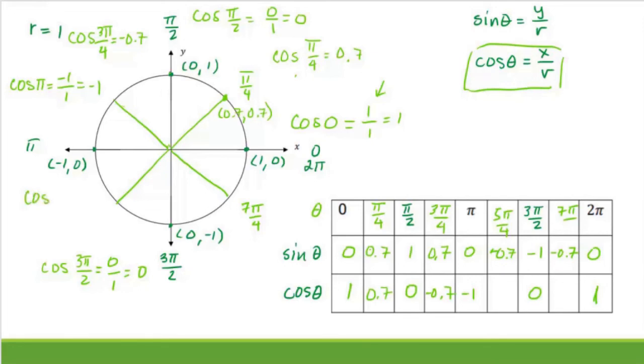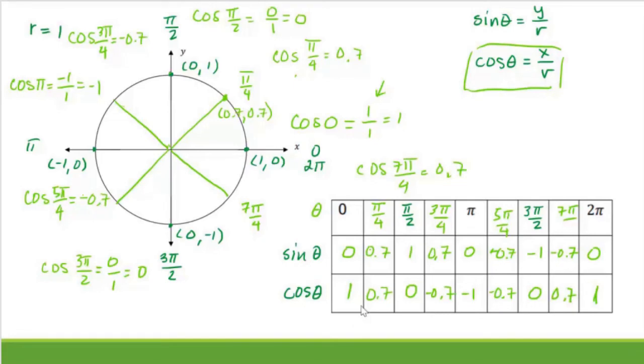What about the cosine of 5 pi over 4? 5 pi over 4, we're once again at negative 0.7. The CAST rule will confirm for us that we expected to see a negative value for cosine in quadrants 2 and 3, but a positive value in 1 and 4. So finally, the cosine of 7 pi over 4, nearly back to 360 degrees or 2 pi radians, has a value of 0.7.